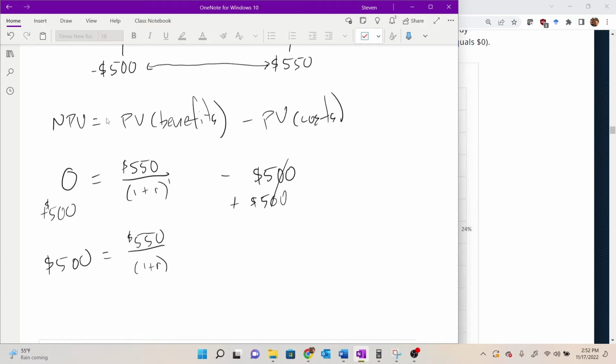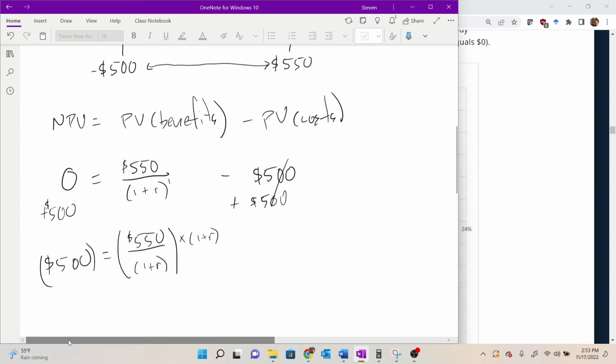All right, now we want to multiply both sides by 1 plus r to get this guy up in the numerator. If I can create a little more room there.